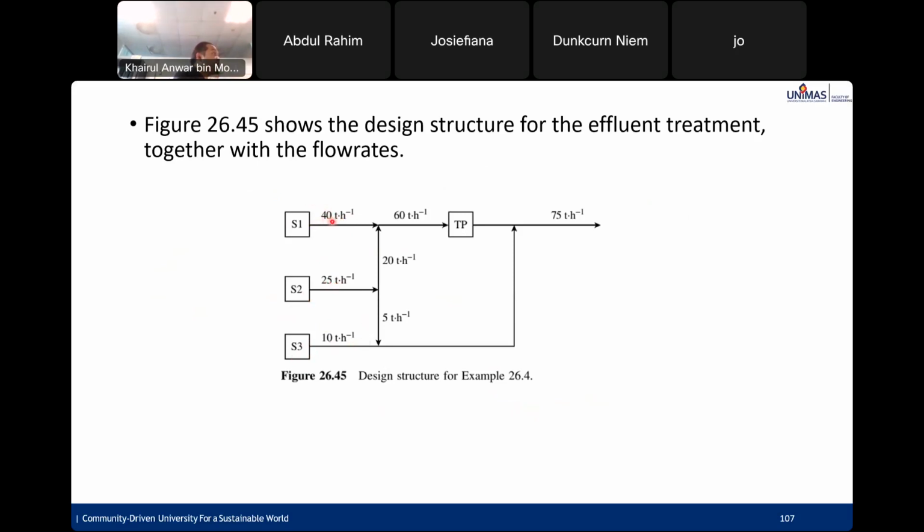So stream 2 will be divided into two parts. So 20 ton will go with stream 1, so 60 ton per hour goes to the treatment process, while the 5 ton per hour from stream 2 will be diluted by stream 3 at the end, giving 75 ton per hour.